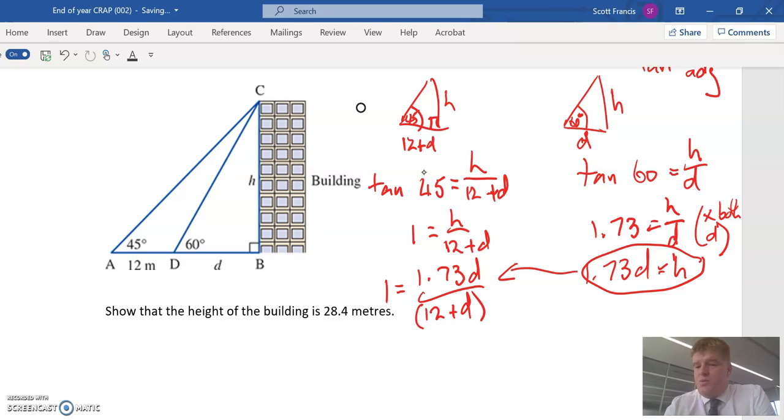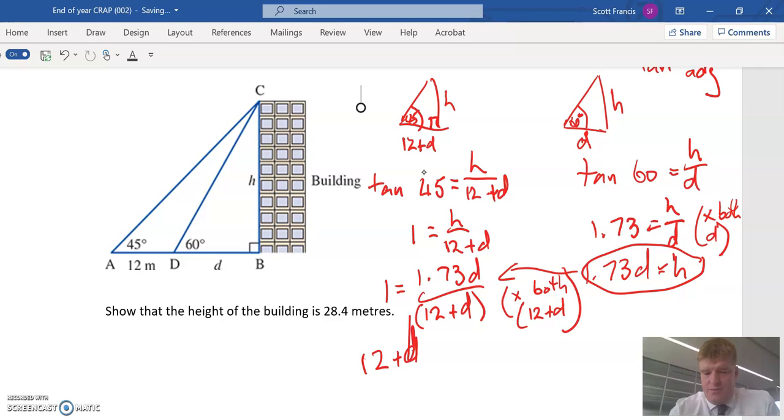Now I think the easiest way to solve this, to work out what D equals, is to multiply both sides by 12 plus D. So 1 times 12 plus D gives us 12 plus D, which equals 1.73D, because on the right the two 12 plus D's cancel out.